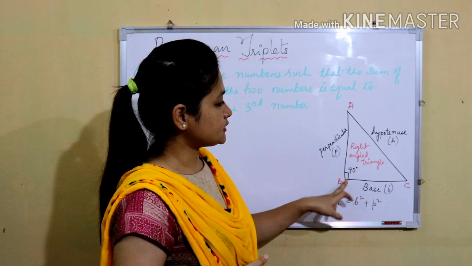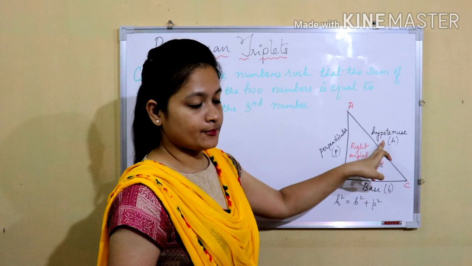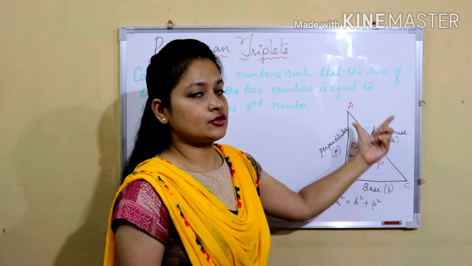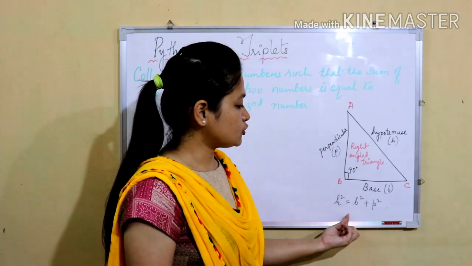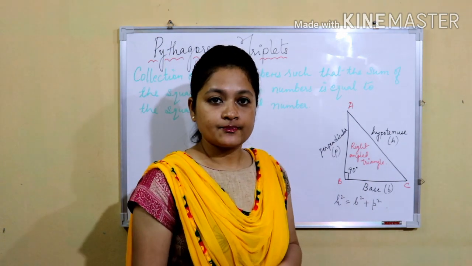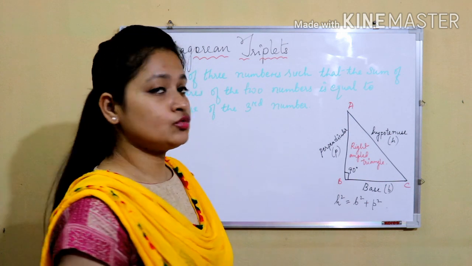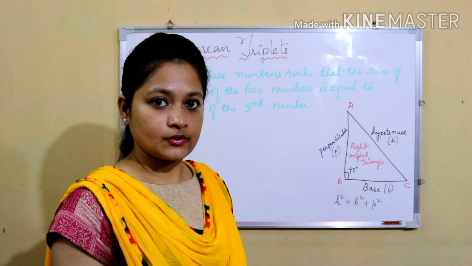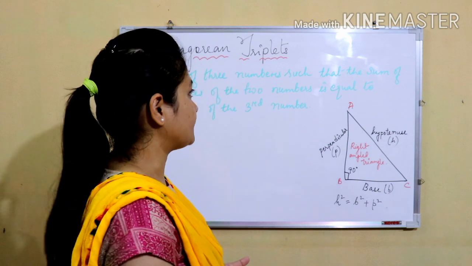degree and the side opposite to 90 degree is known as the hypotenuse. And this is the perpendicular, this is the base. And we know by Pythagoras theorem, hypotenuse square equal to base square plus perpendicular square. But we need to know in this chapter about Pythagorean triplets, which is related to Pythagoras theorem.